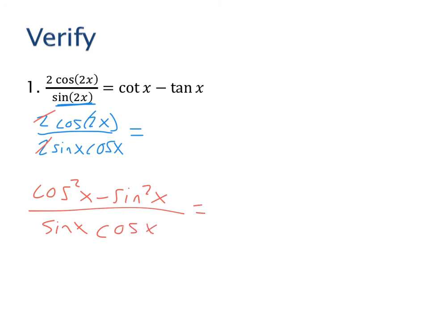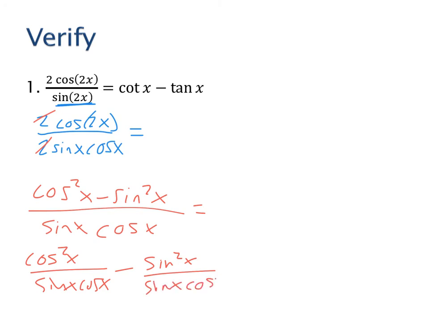Okay. Now I notice that I'm kind of getting close to something that can be tangent and cotangent. I'm going to go ahead and split these up. This is going to be cosine squared of x over sine of x cosine of x minus sine squared of x over sine of x cosine of x.